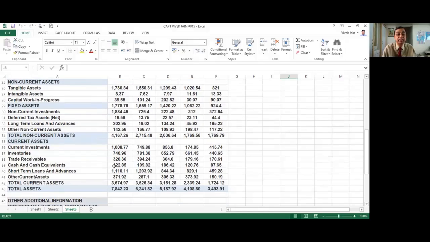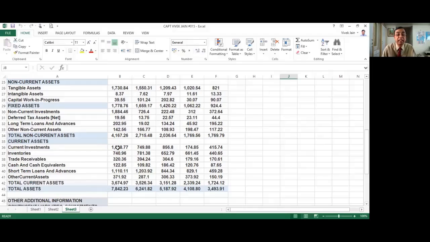So you can see current assets now: current investments which the company has made in different fields; inventories, the produce of the company has to be kept in some measure so that it can be distributed at the demand of the various vendors; trade receivables, 320 crores, which is rather a figure growing in an acceptable manner; cash and cash equivalents, about 100 crores average cash the company has been, more than 100 crores has been maintaining all along; short-term loans and advances which the company has probably given to some agencies. Other current assets are also reasonable, and the total current asset becomes 3675.